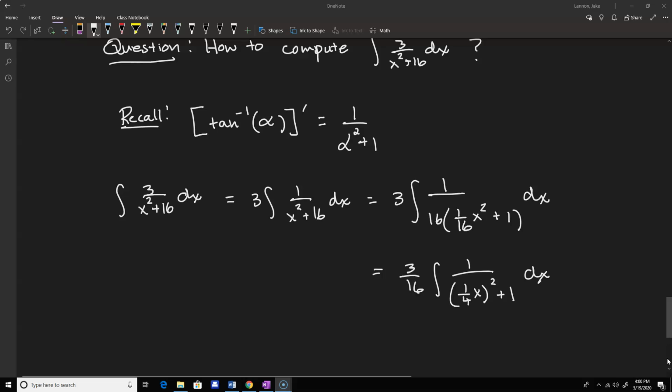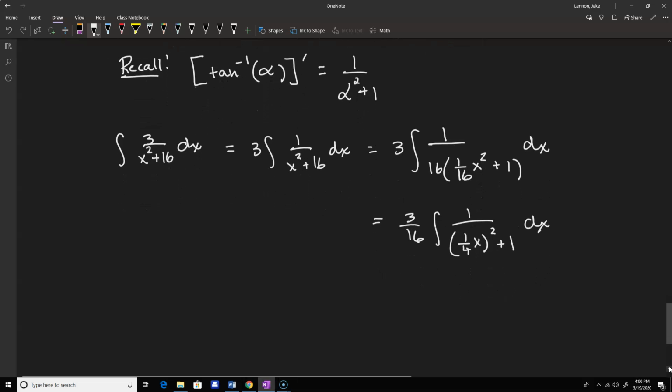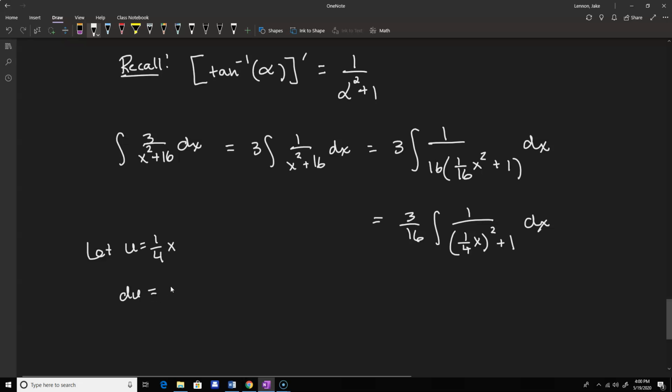I basically want to let u equal 1/4 x. If I do that, then du will be 1 over 4 dx, and I'll be able to replace that integral.